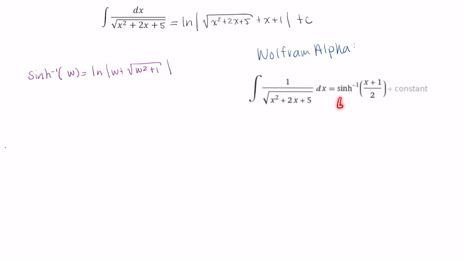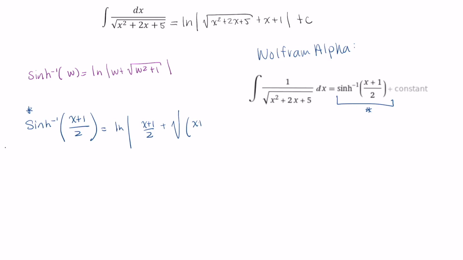So let's rewrite this solution here. So hyperbolic sine inverse of (x plus 1) over 2 is equal to the natural log of (x plus 1) over 2 plus the square root of ((x plus 1) over 2) quantity squared plus 1. And of course our constant, let's say plus c1.